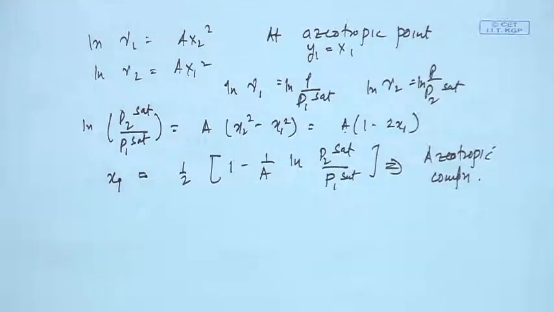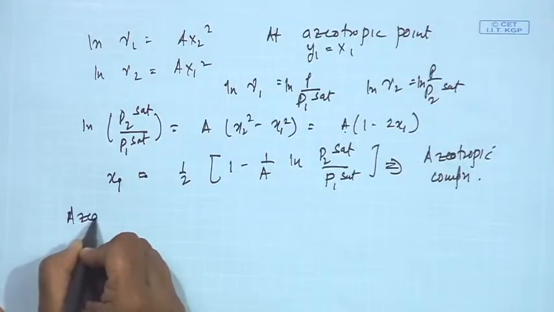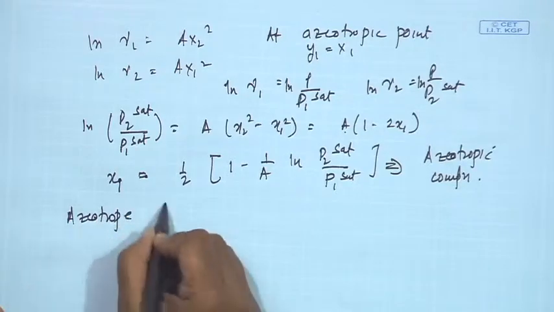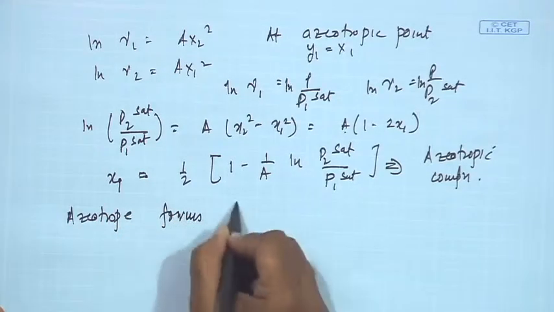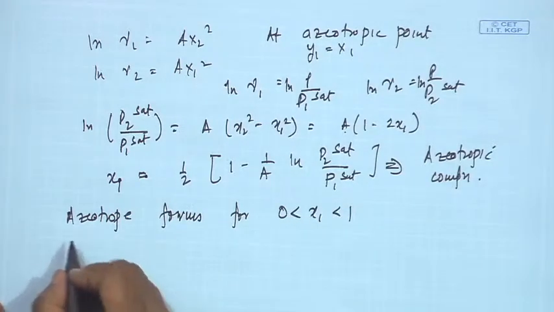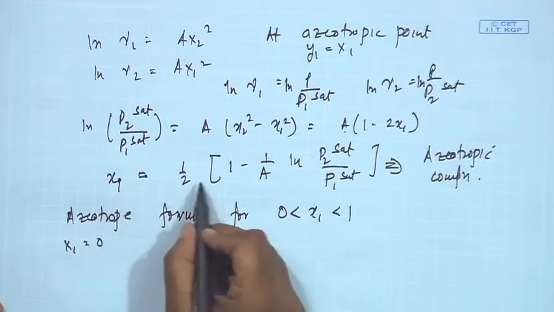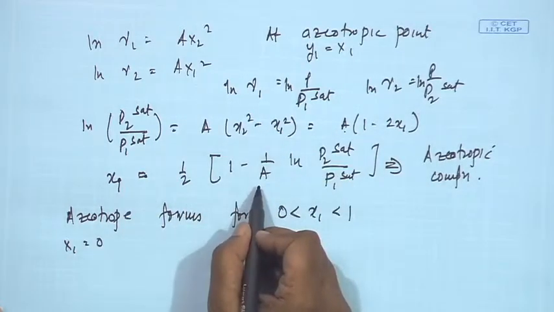Now, under what condition does it form? We know that the azeotrope has to form with the composition x1 lying between 0 and 1. So, the azeotrope forms for 0 less than x1 less than 1. For x1 equals 0, this part has to be equal to 0.